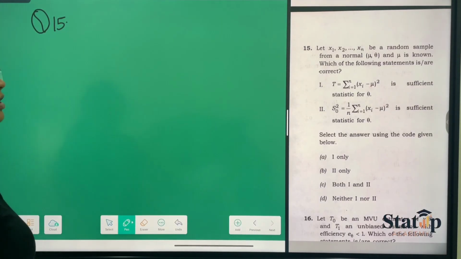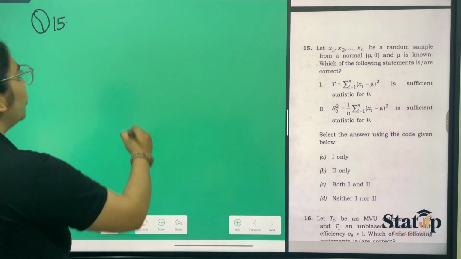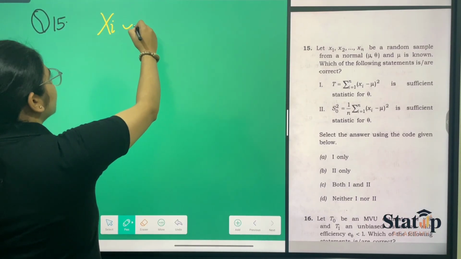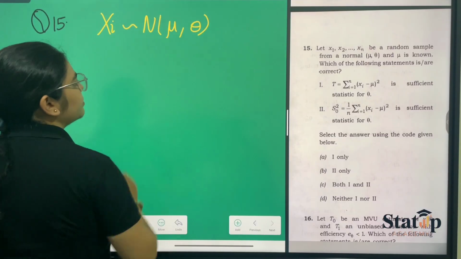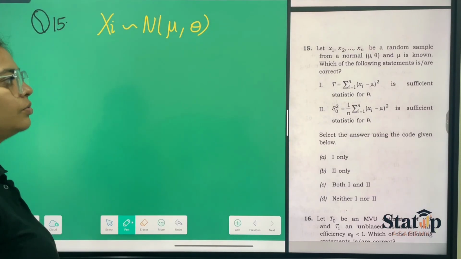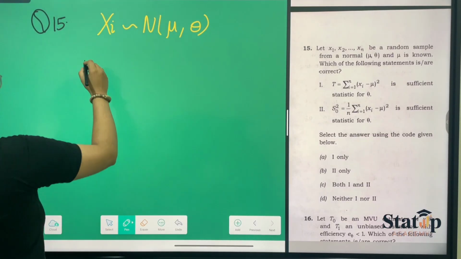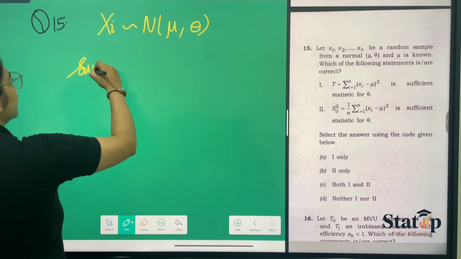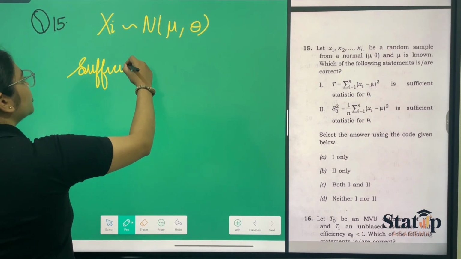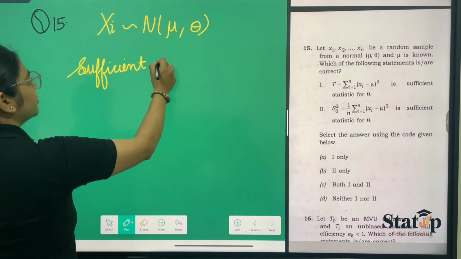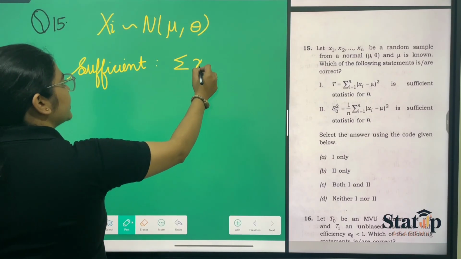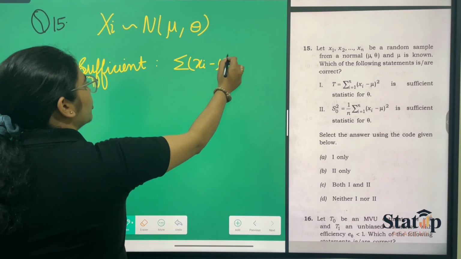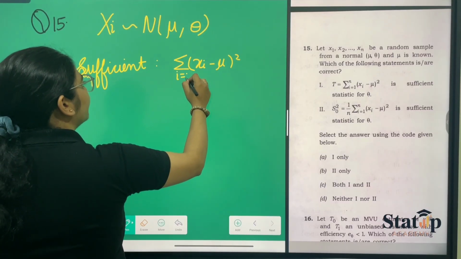First of all, they have given us that the xi's follow a normal distribution with mean mu and variance theta, and mu is known. Whenever mu is known, the sufficient statistic by the factorization theorem will be summation of (xi minus mu) whole square, where i goes from 1 to n.